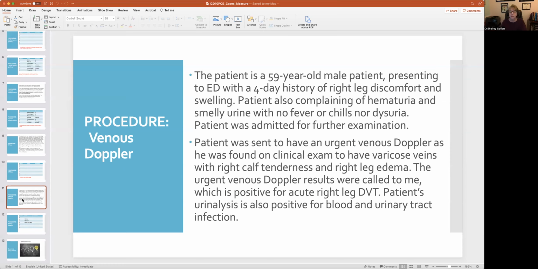Okay. Patient was sent to have an urgent venous Doppler as he was found on clinical exam to have varicose veins with right calf tenderness and right leg edema. Now, remember, we as coders are also the backup for the physician and their documentation.